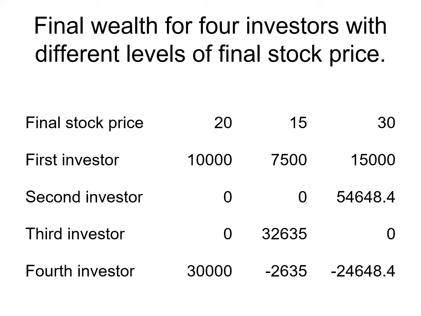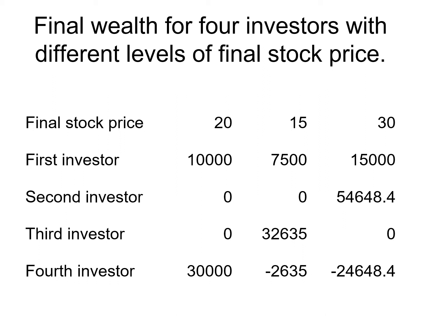For the second investor, if the stock price is 20 or 15, he will lose everything. And when the stock price is 30, his final wealth is over $54,000. It's 5 times the initial wealth.